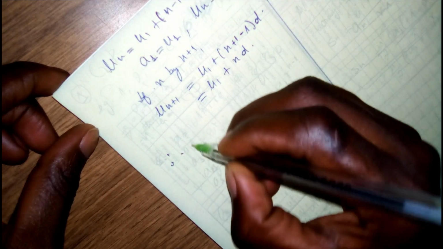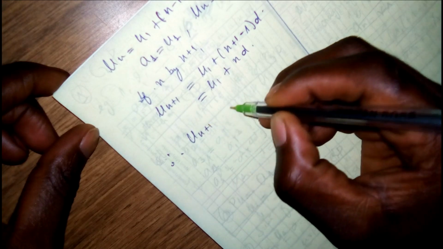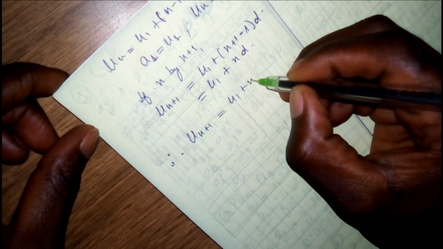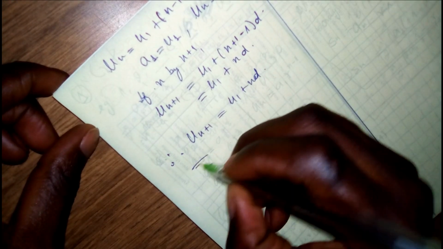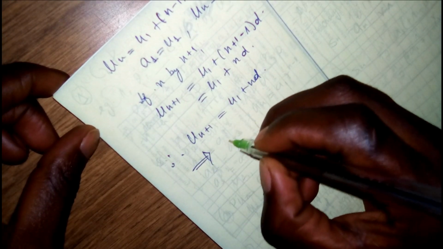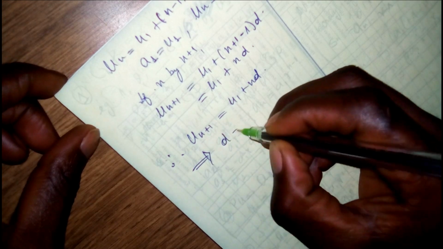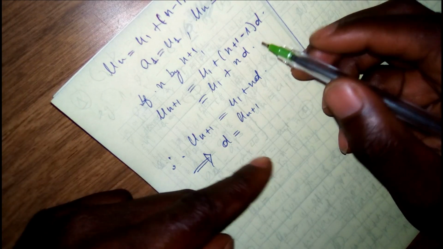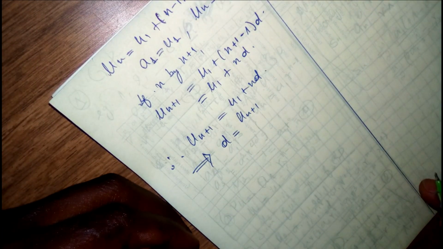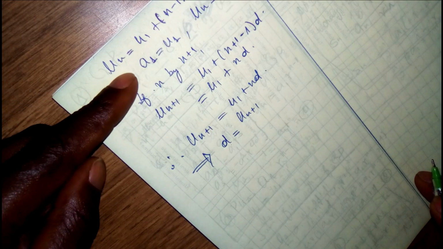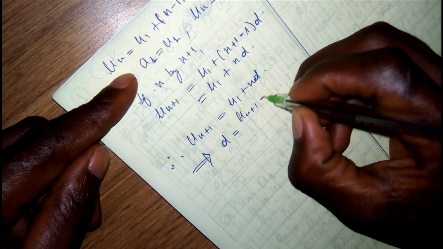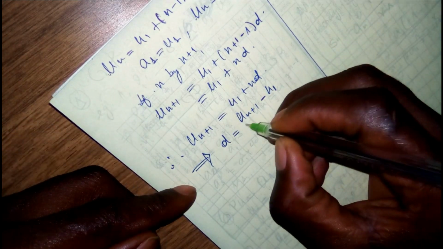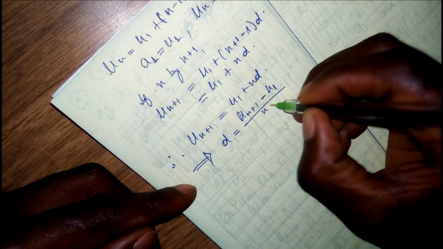Therefore un plus 1 is equal to u1 plus nd, and so d can be calculated as d equal to un plus 1, which is the next term after un, minus u1, which is the first term, over n.